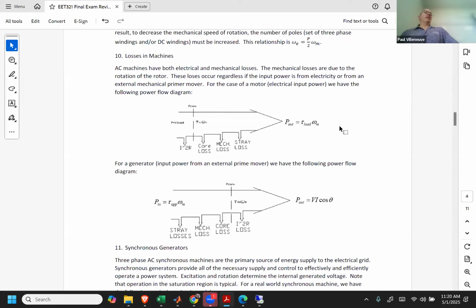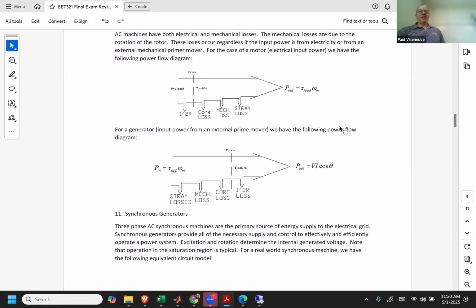So most of the time, if you just looked at the power coming in and it was electrical, then you know it's a motor. Generator is the opposite. The power going in is mechanical. So you don't even need to look at the output power. The concept is a motor is driving a mechanical load and a generator is converting energy to be delivered through electricity.